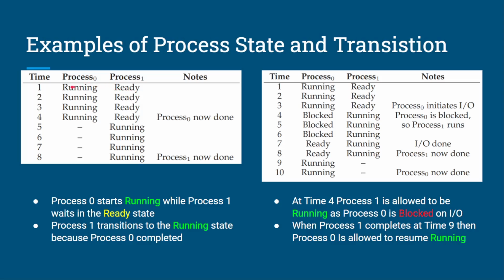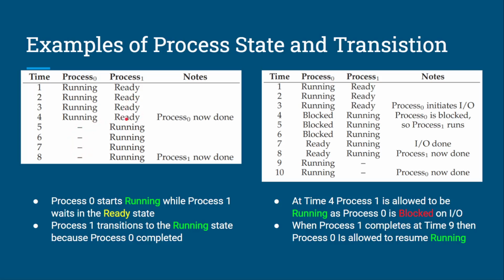The process 0 will run on the CPU for 4 cycles. And on the 4th cycle here, it's going to notify the operating system, I'm done with what I'm doing, please terminate me. And so process 0 will end its running by being terminated, and it no longer has a state once it's terminated.